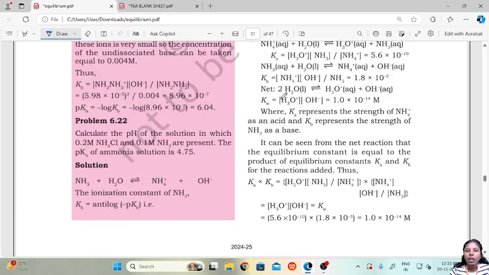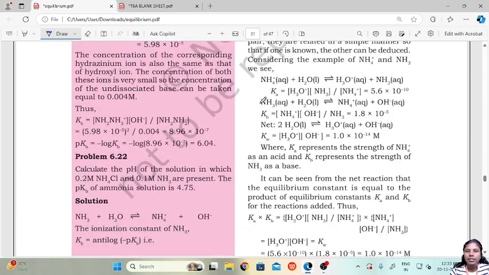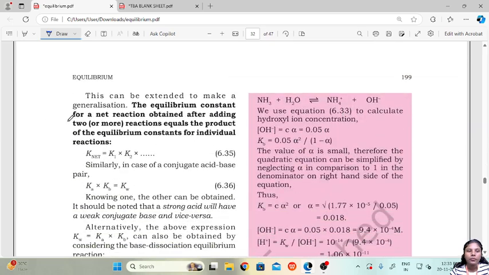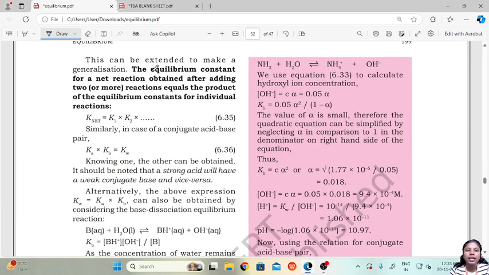So the product of the acid ionization constant and base ionization constant matches the net reaction. We can make a generalization here: the equilibrium constant for a net reaction obtained after adding two or more reactions equals the product of the equilibrium constants for the individual reactions.